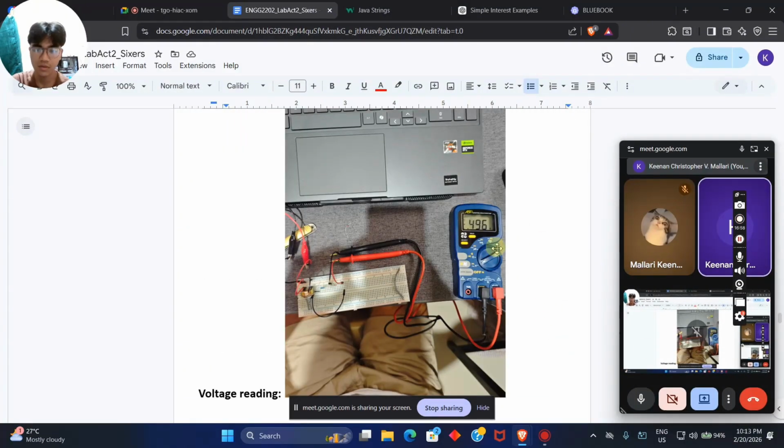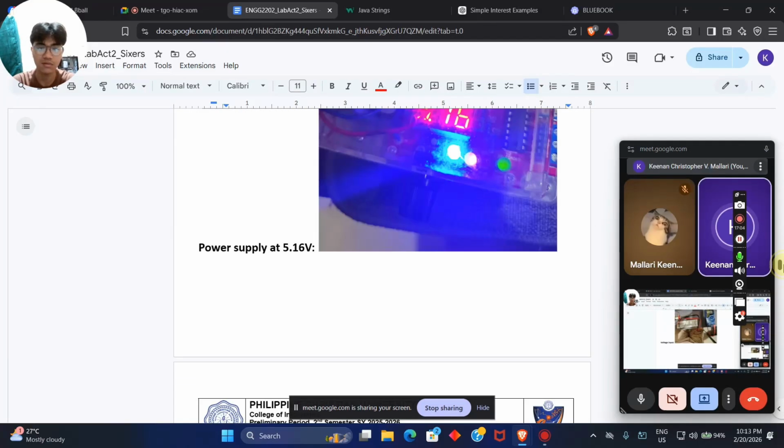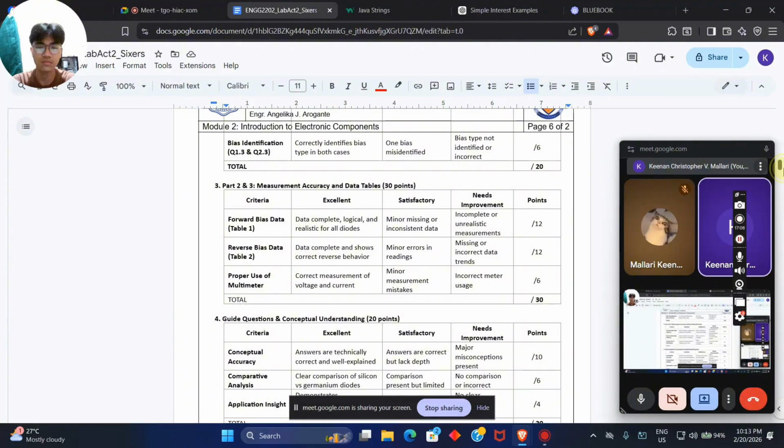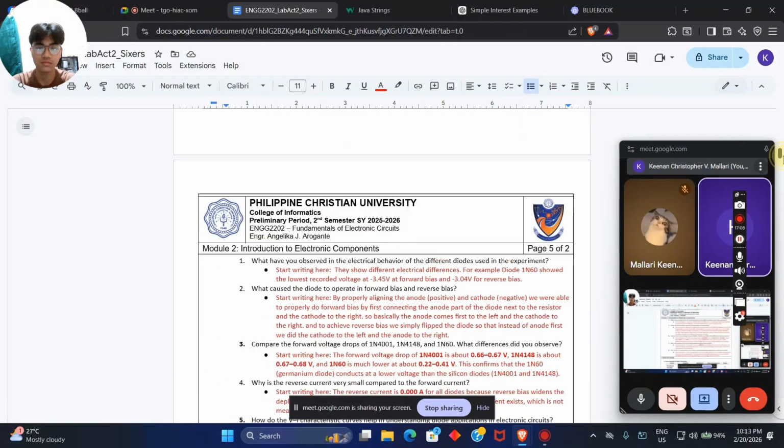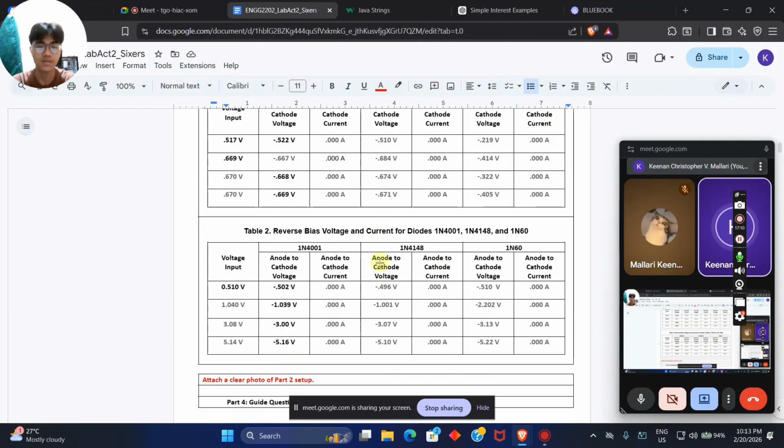Here it is, negative 0.496 volts. Let's double check the table. Here it is. So our reading on the multimeter is correct.